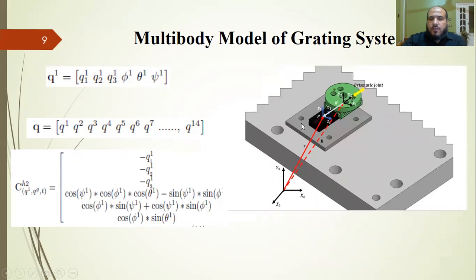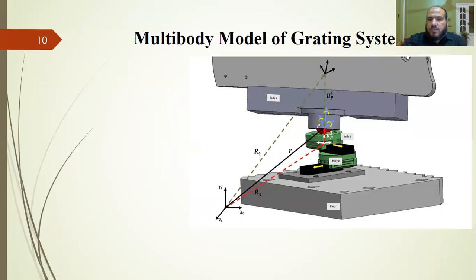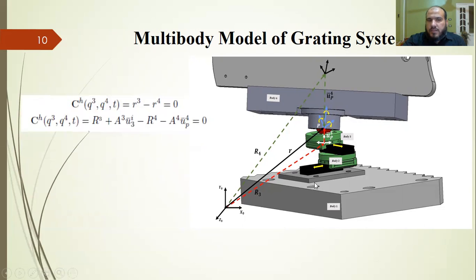Also, the prismatic or translation joint can be defined similarly to the fixed joint by defining points in the direction of translation, defining this point with respect to the first body and with respect to the second body, and deriving the constraint equation for the prismatic joint. Also, the constraint equation of the spherical joint can be obtained similarly by defining this point P. It can be defined with respect to body 3 and with respect to body 4.